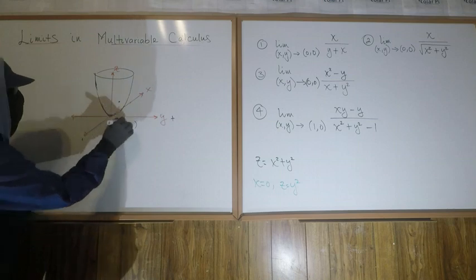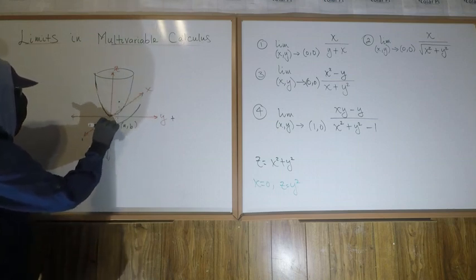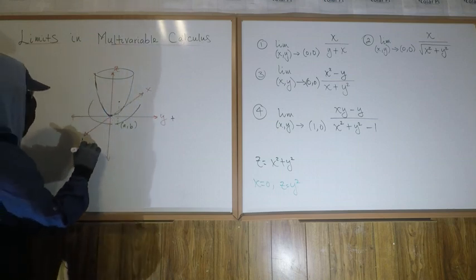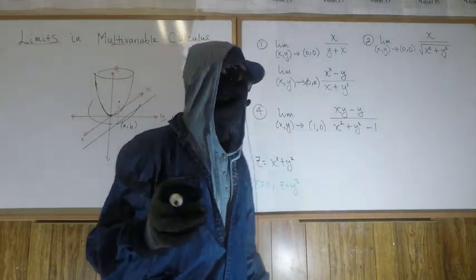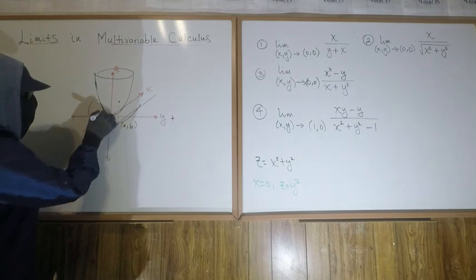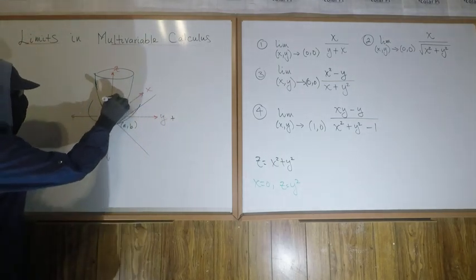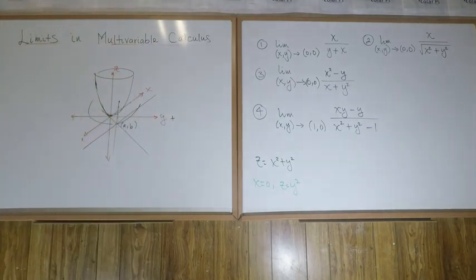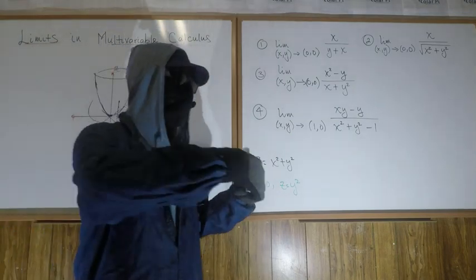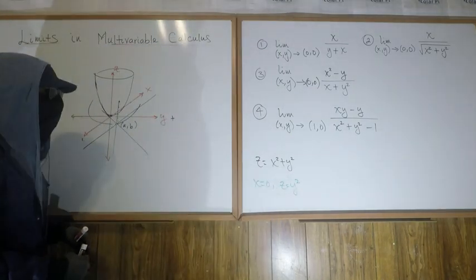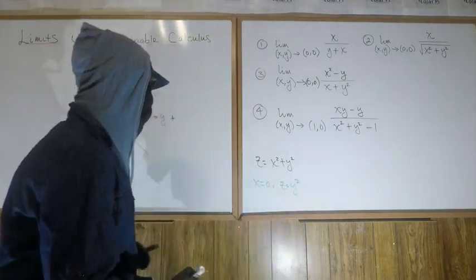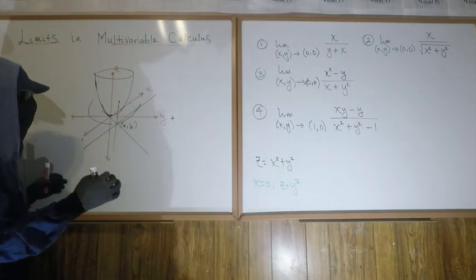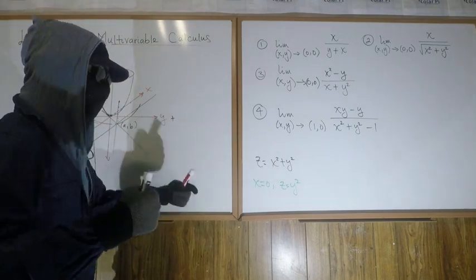You can approach it along a parabola, along a straight line, and along multiple different straight lines. There are infinitely many directions at which you can come to (a, b). So you don't just come from the left and from the right and check that at the point. You have to come from infinitely many directions.